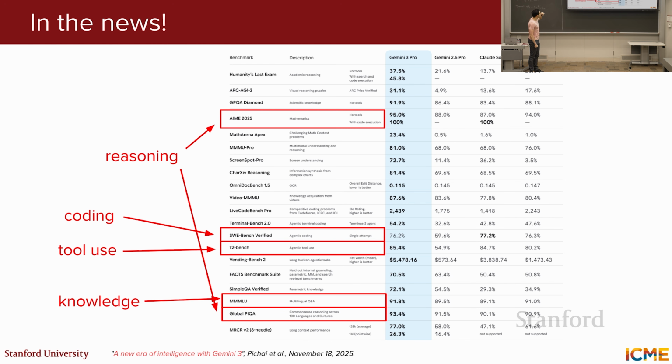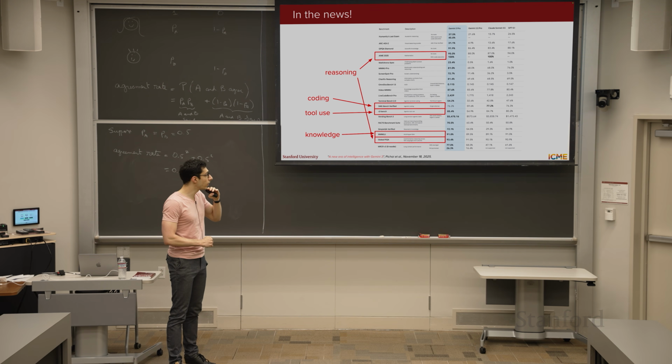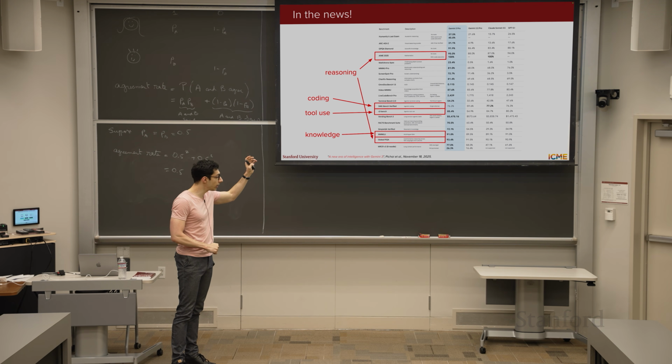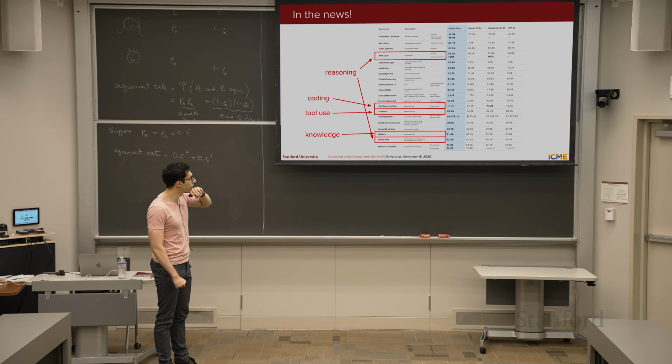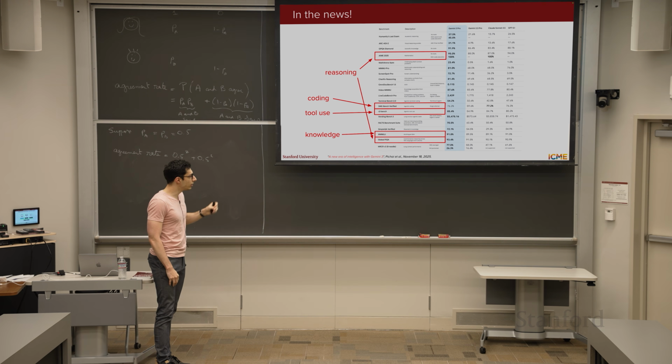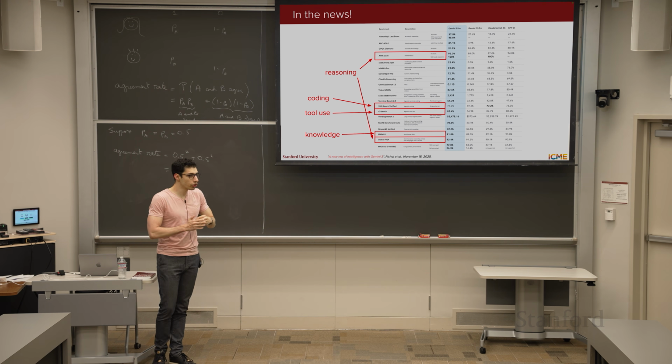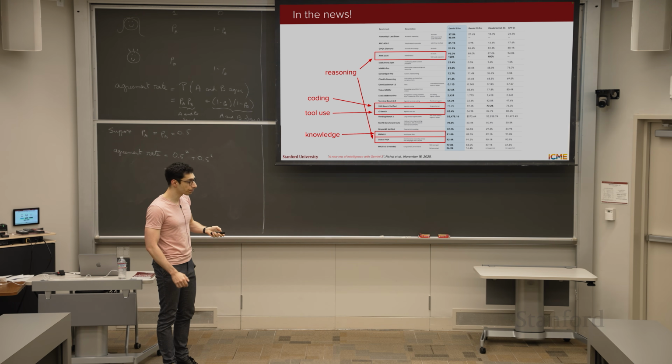The reasoning part on AIME and PIQA is there, and then you will see that some of these benchmarks are derived in a flavor that introduces multilinguality, multiple languages. This is the case for PIQA: instead of PIQA, it's Global PIQA. For coding, it uses a flavor of SWE-bench. And for tool use, it also uses a flavor of tau-bench, which is tau squared bench.